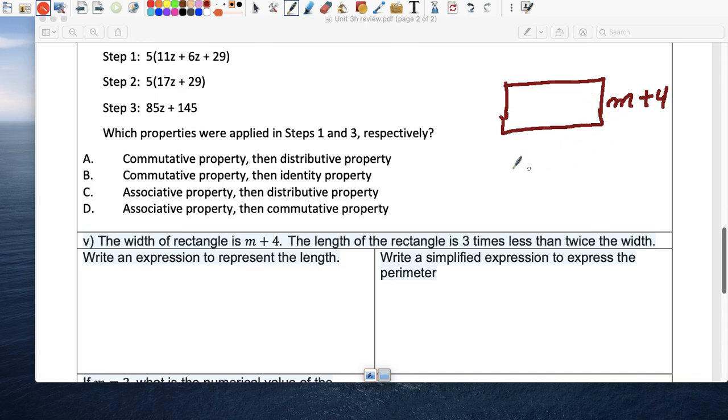The length, this guy over here, should actually be 3 less than twice the width. I hope you catch that. I'll fix this and upload it, hopefully you catch it in time.